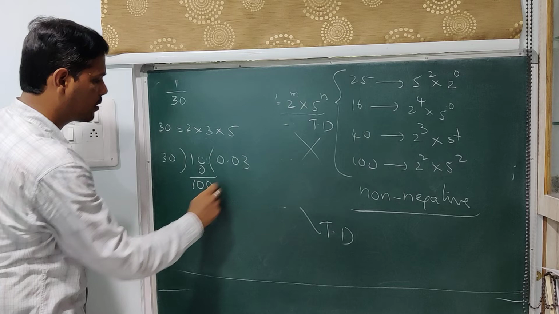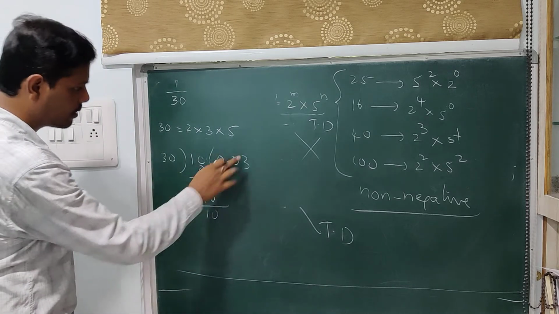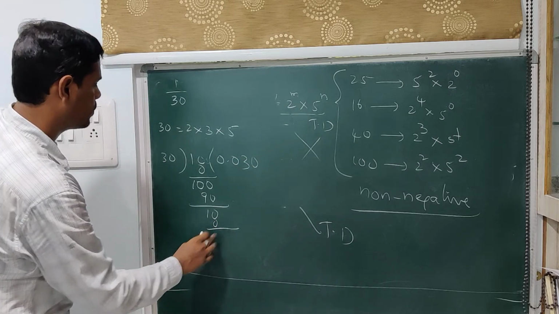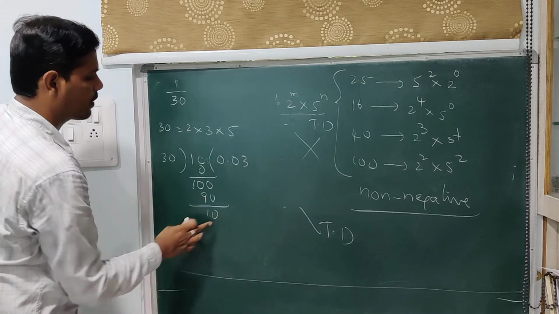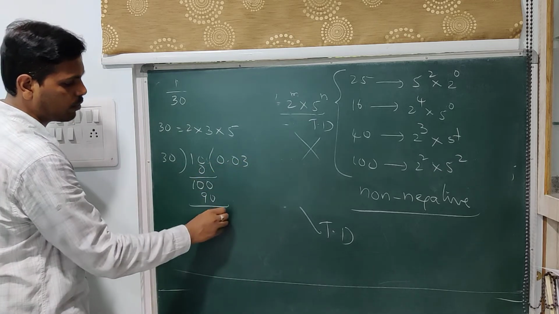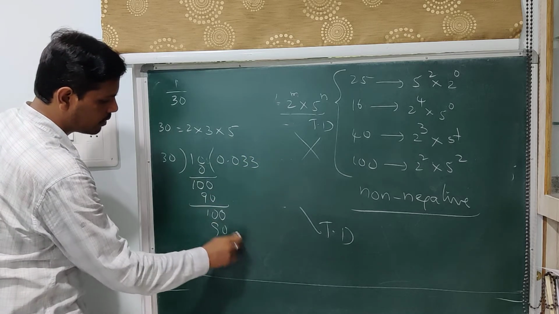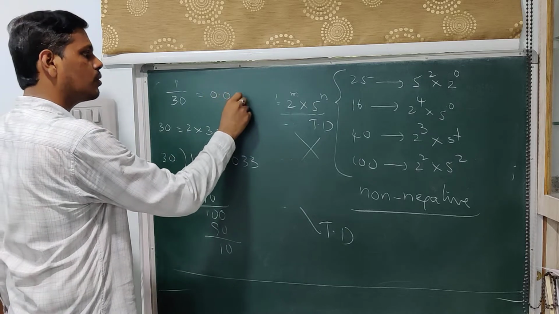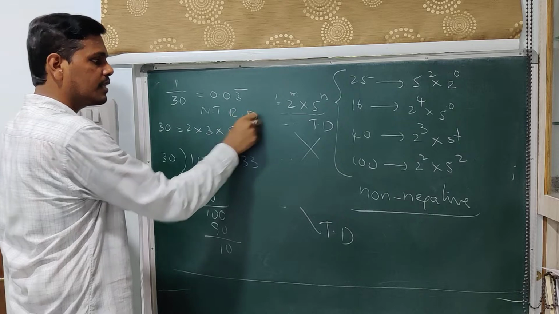Next 10, this is still less than this, so you take 0 times, we have 100, 3 times 30 is 90, again you have 10, so it is 0.03 bar, that is, this is a non-terminating repeating decimal.